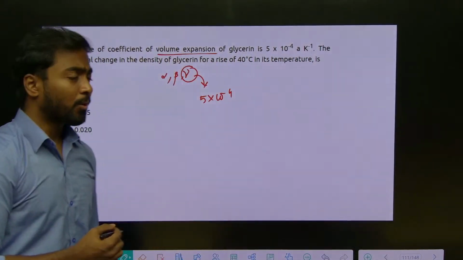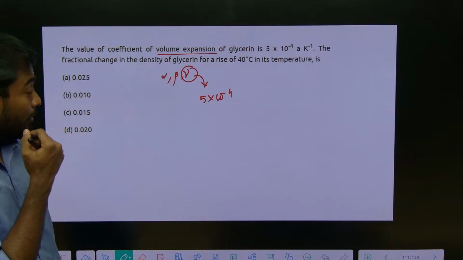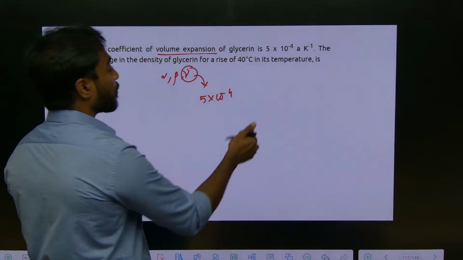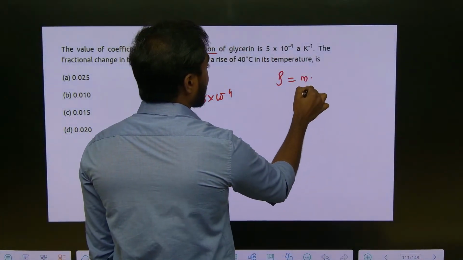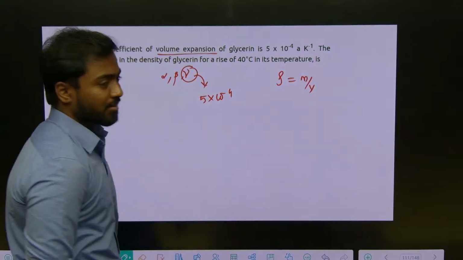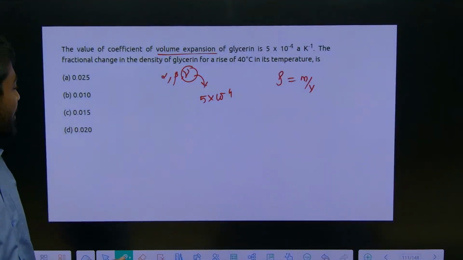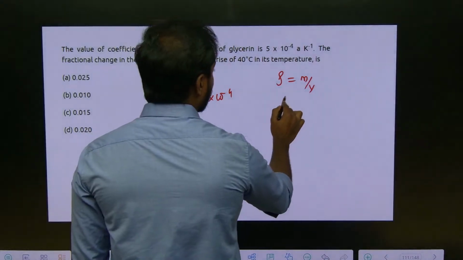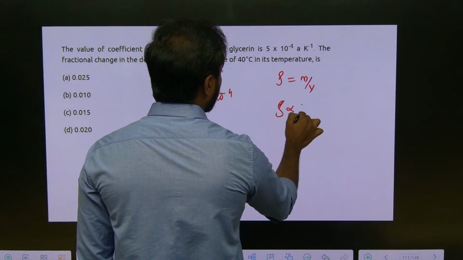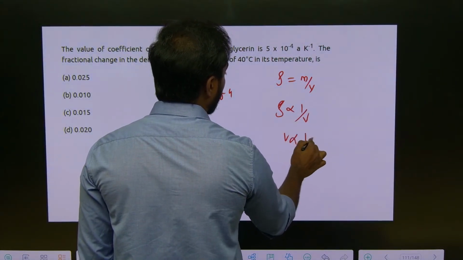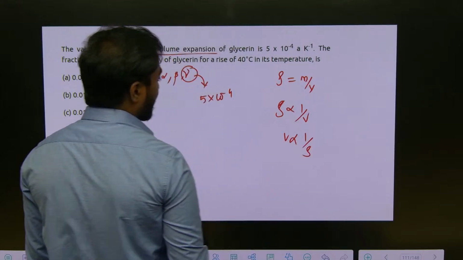Guys, listen to one thing carefully. We know that density is equal to mass by volume. And mass doesn't change, we'll keep it as it is. Density is inversely proportional to volume, and volume is inversely proportional to density, right?